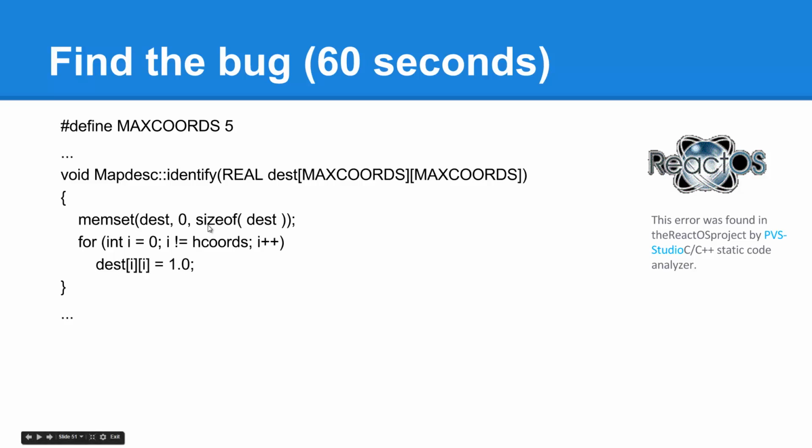So if you guessed the sizeof function here, you'd be right. This is an effort to clear the memory at the variable dest, which seems to be some matrix given by max chords of 5 by 5 of a real value, however big real is. Now, the problem of using sizeof here is that it's going to return the size of the pointer.